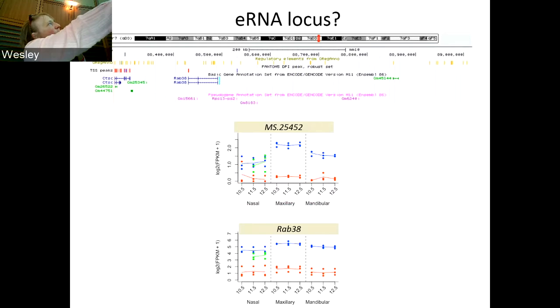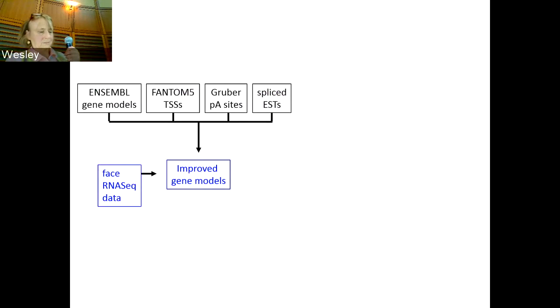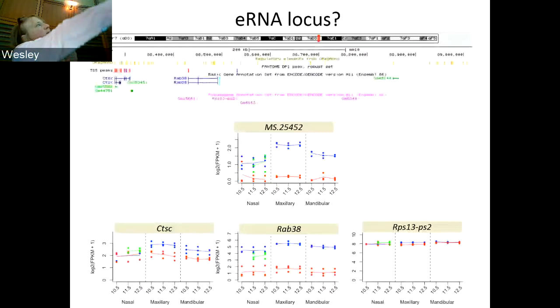And this is the adjacent RAB38, which has a pretty similar expression profile. Two flanking genes, CTSC and the ribosomal pseudogene, look different. So, for instance, this is a candidate enhancer for RAB38. So that's really just what I wanted to say about these novel genes.